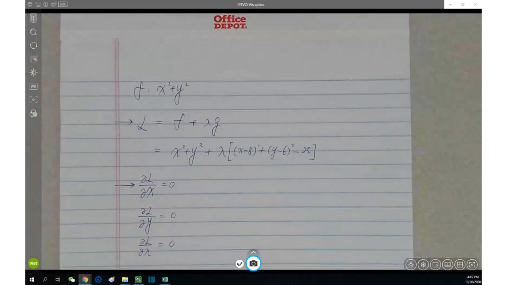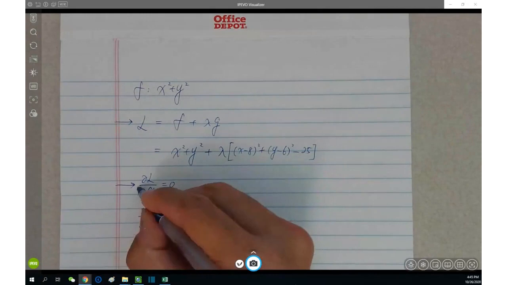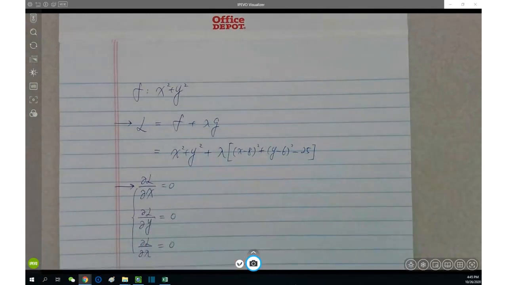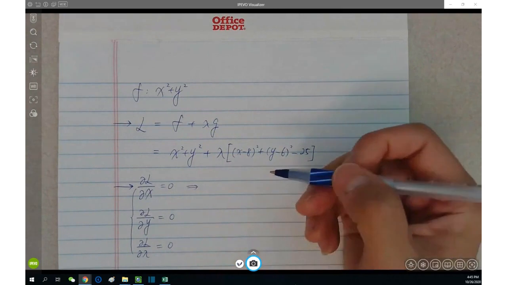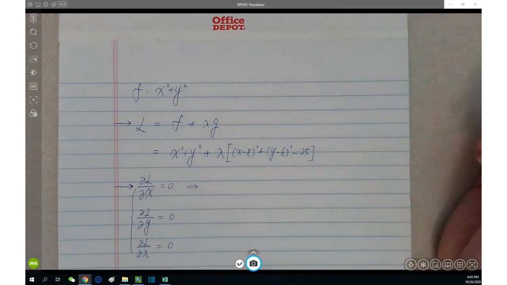N plus k equals 3. Actually, only 3. We need 3. And then the rest is just the derivative.